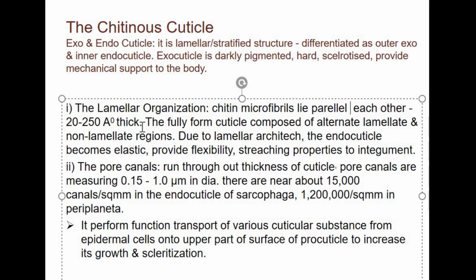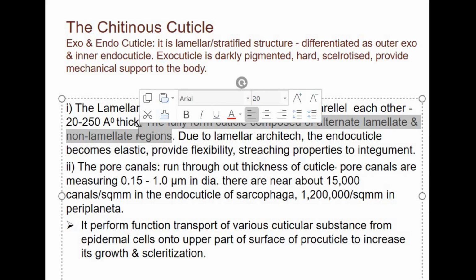The orientation of the microfibrils differs from one lamella to the other, and therefore this organization is easy to recognize and count in sections. So remember, the microfibrils are arranged parallel to each other and measure between 20 to 250 angstrom in thickness.